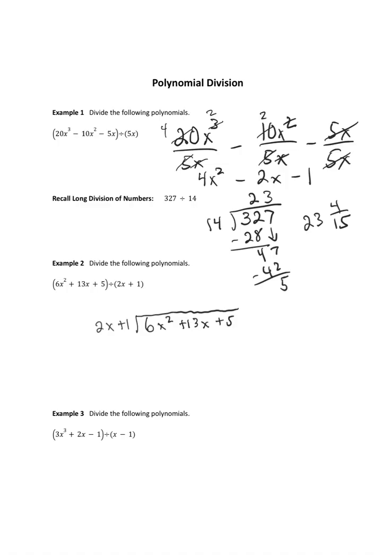How many times does the 2x go into 6x squared? In other words, what do I need to multiply 2x by to get 6x squared? Well, that would be 3x, right? Because now if I multiply that through, 3x times 2x is 6x squared, and then 3x times 1 would be plus 3x.